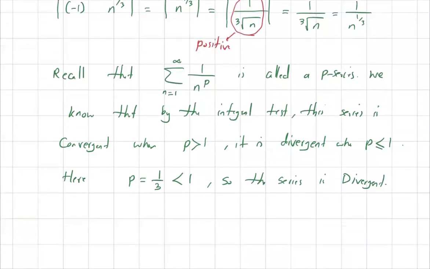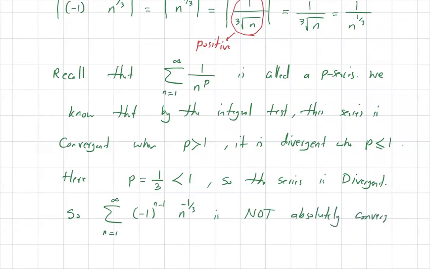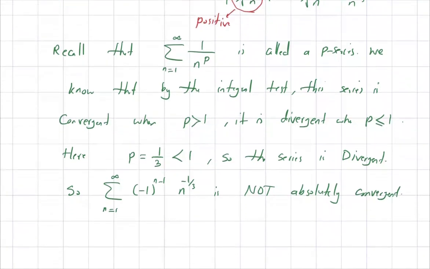What's the meaning of that? So the series -1 to power n minus 1 n to power negative a third is not absolutely convergent. In this case, you can call it conditionally convergent.